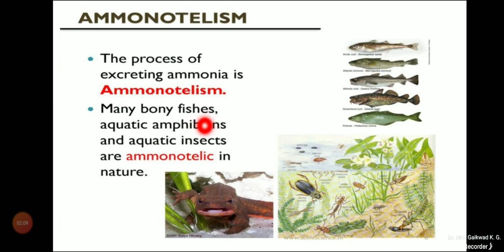These animals eliminate ammonia as their nitrogenous waste. Basically, whatever aquatic organisms are there, their excretory product is ammonia. Elimination of nitrogenous waste in the form of ammonia is called ammonotelism.